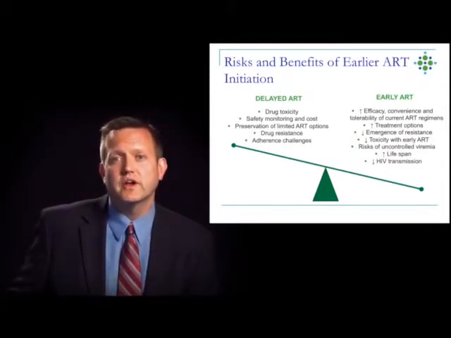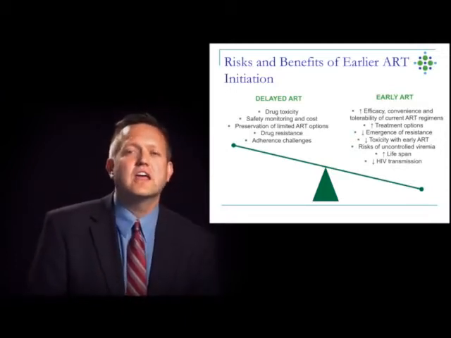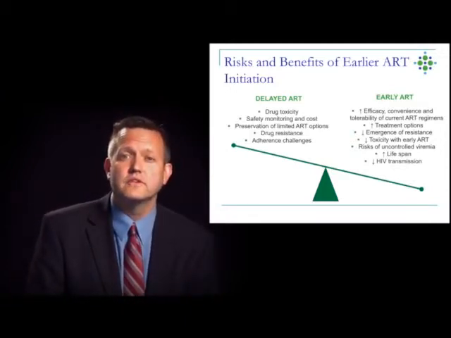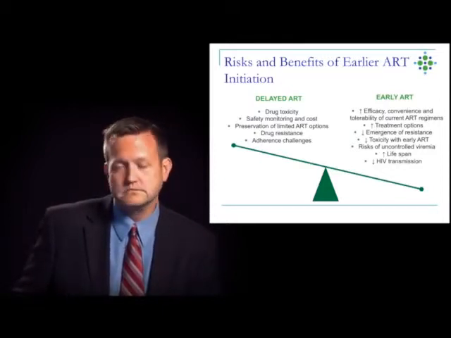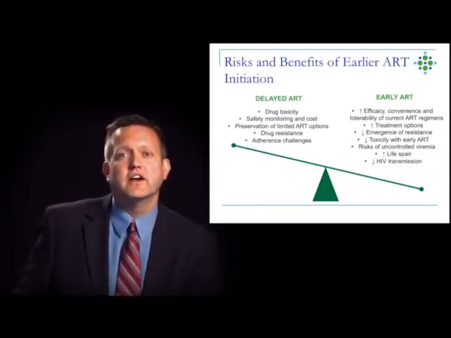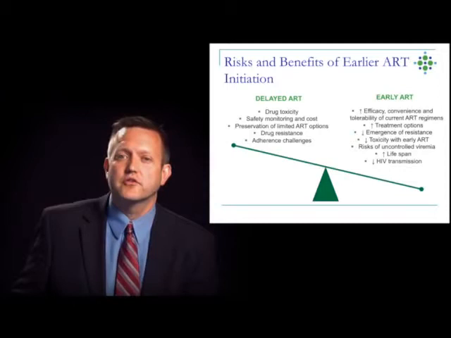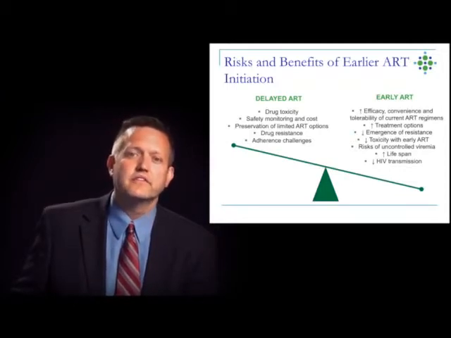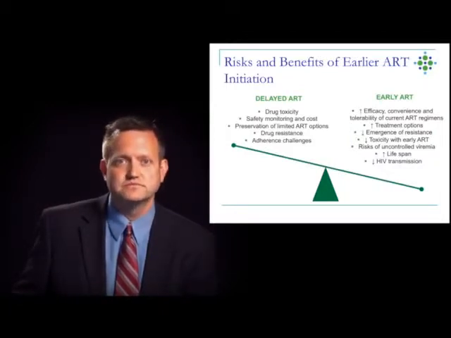So all of these things are going on during the period of uncontrolled viremia. And right now, our understanding is the best way to prevent those damages from happening is to control the viremia. I showed you previously that ART dramatically increases the lifespan of the individual and will also decrease HIV transmission. So in balance, all of those factors really do favor early antiretroviral therapy initiation.